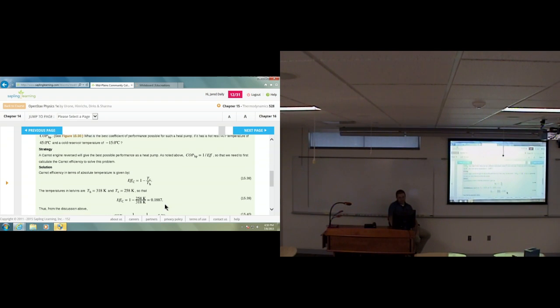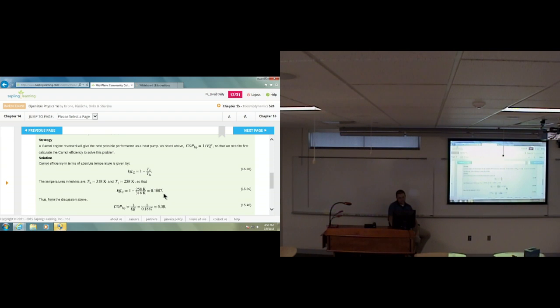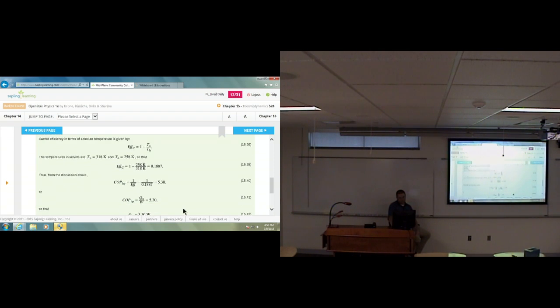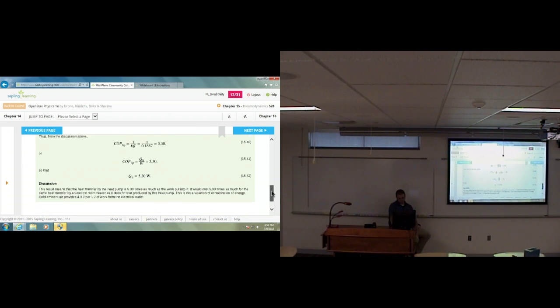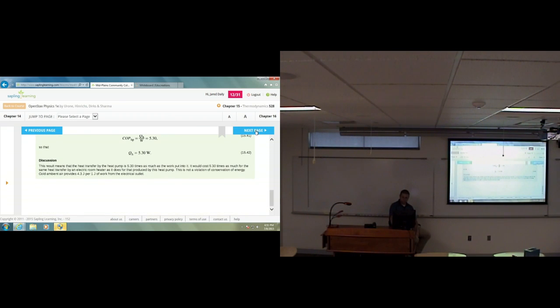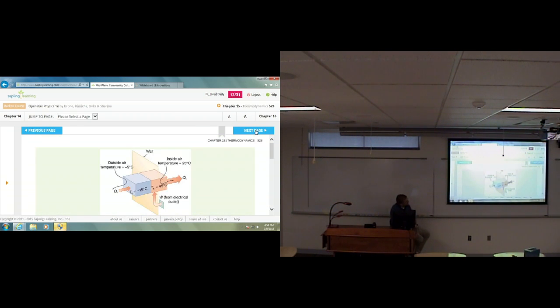We get efficiency for Carnot of 0.1887. If we take the inverse of that, we get 5.3 as a best coefficient of performance for an air conditioner or a heat pump.